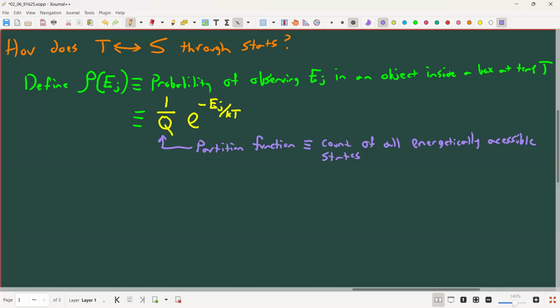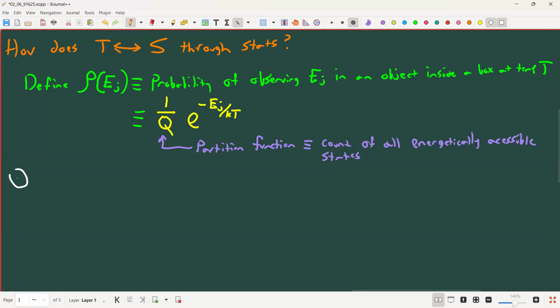And so what this is saying is, what fraction of molecules, out of all the possible arrangements, are exactly at the J energy? How many out of all the possible energies are exactly E sub J? So that's our probability. Q is something that you can calculate. Q is a system-specific number, so it depends on what you're looking at.